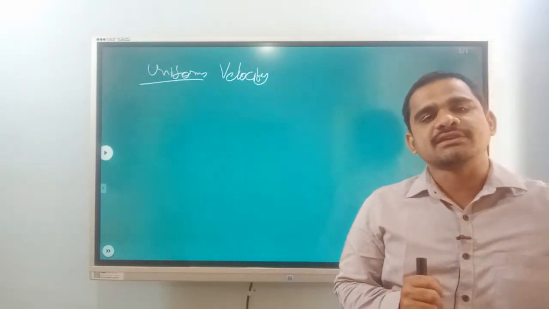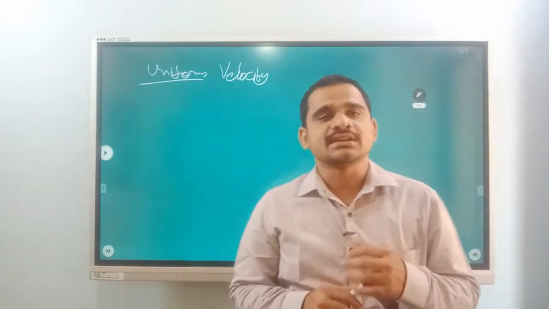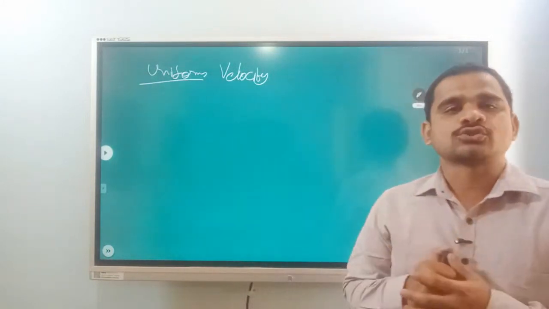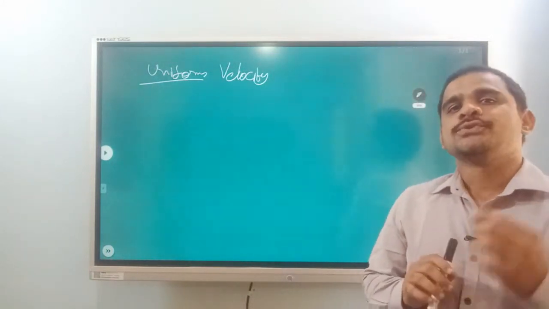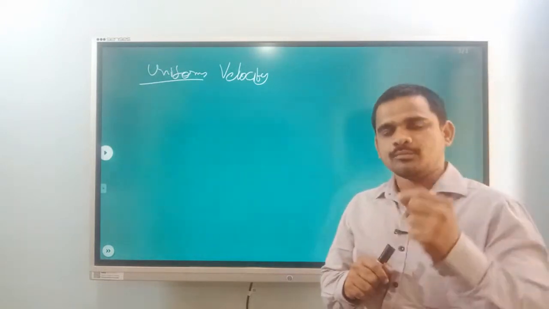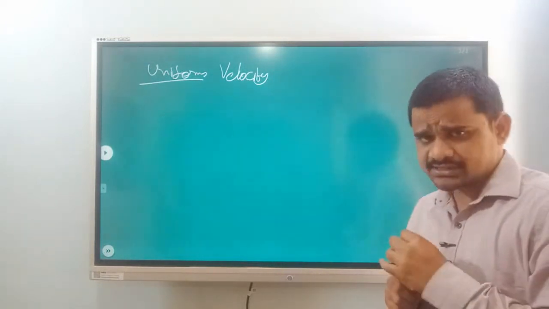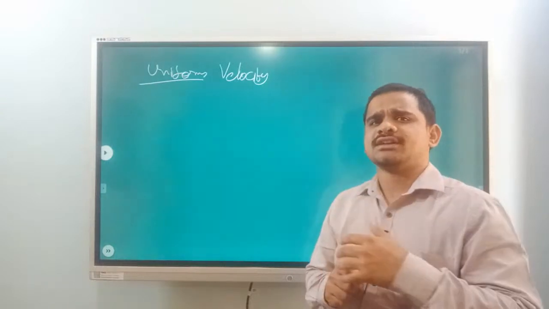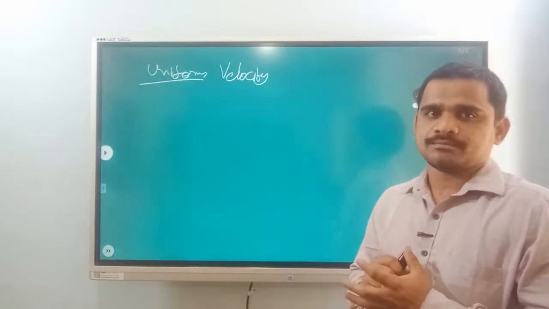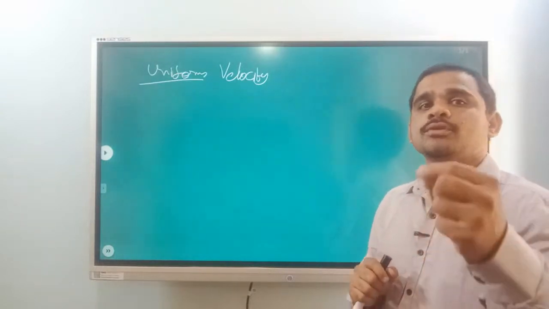When a body is traveling with a constant velocity, that motion is called uniform motion. We can say that the body is having uniform motion.